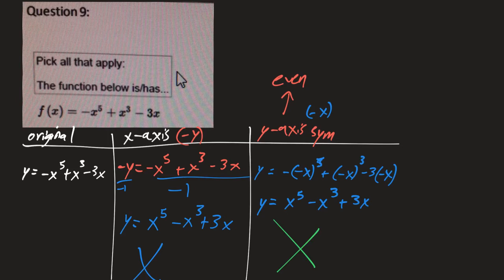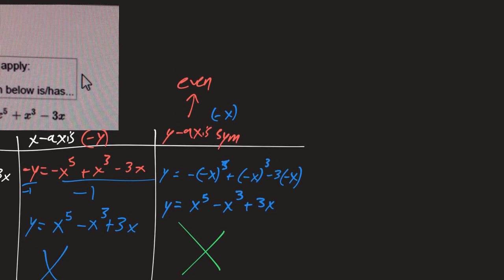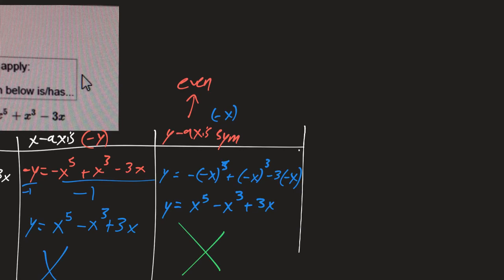Let's test this last one now. So we're testing for origin symmetry. Let me push this to the side for a moment. And let's look at our origin symmetry. This time we're going to have negative x and negative y. So here we go.